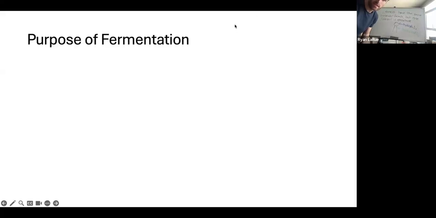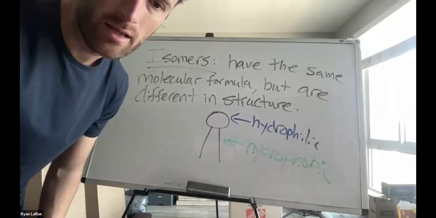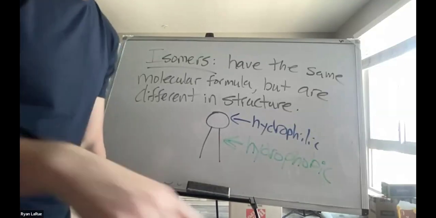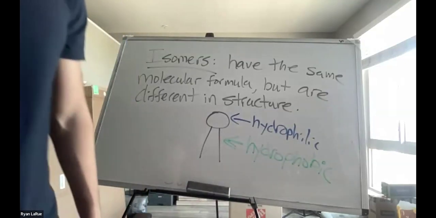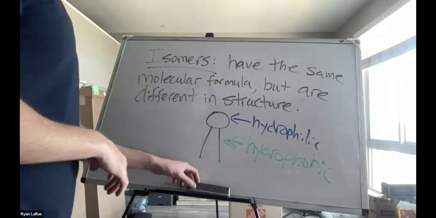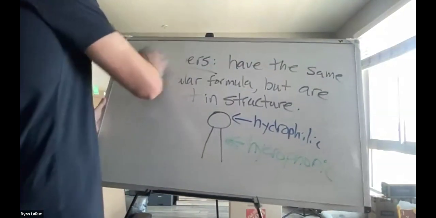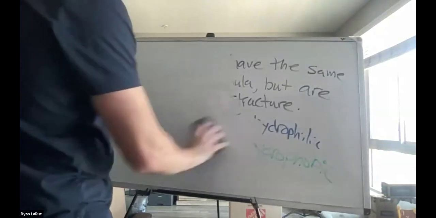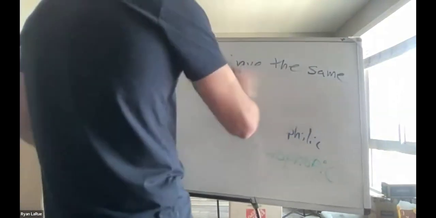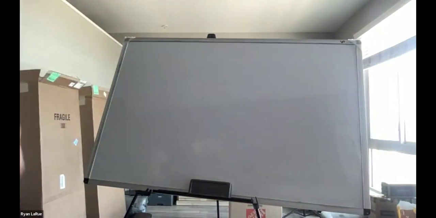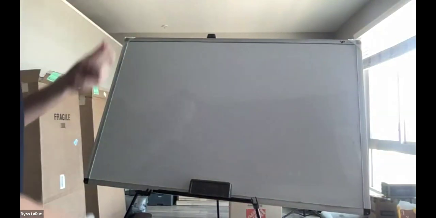Okay. Last thing. And I forget as well if I mentioned this when we went over cellular respiration, but I do sometimes, and it is a cool, interesting point. I can draw it out again here. It has to do with the purpose of fermentation, like why cells ferment.